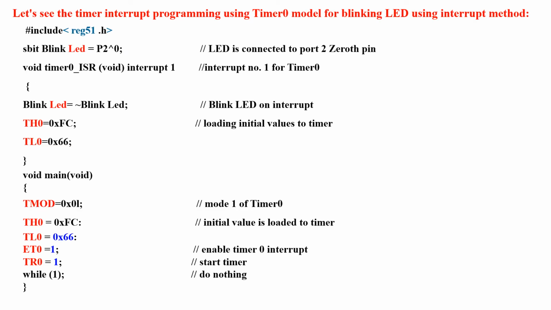Let's see one program for interrupt control. In this, we use timer 0 for blinking an LED using the interrupt method. First is #include <reg51.h>, to initialize the program. sbit blink_LED = P2^0.